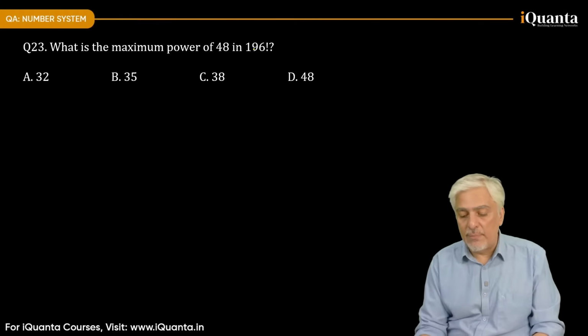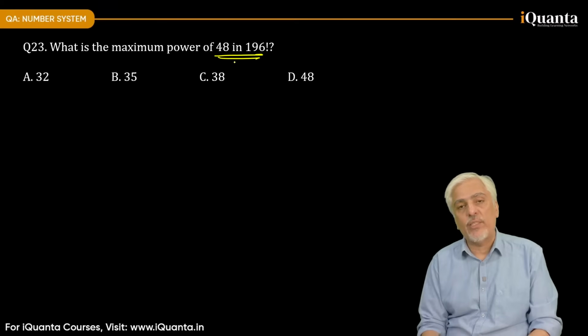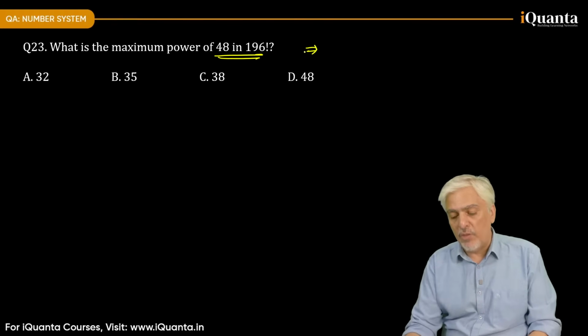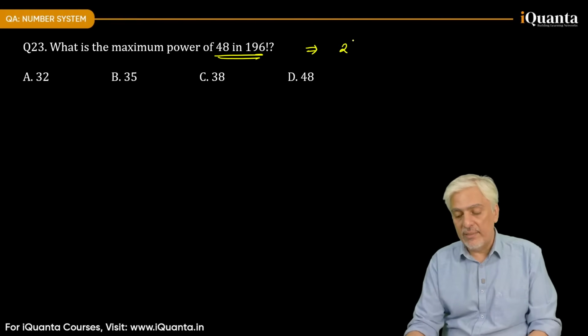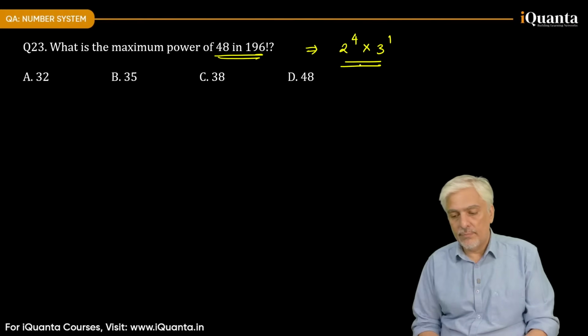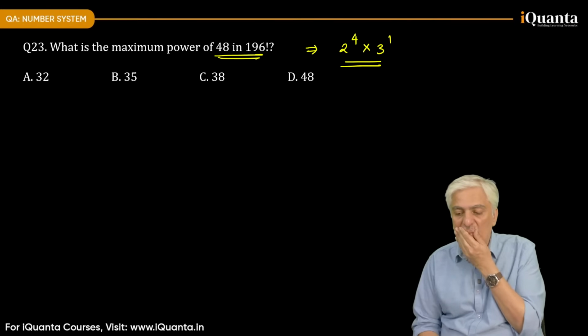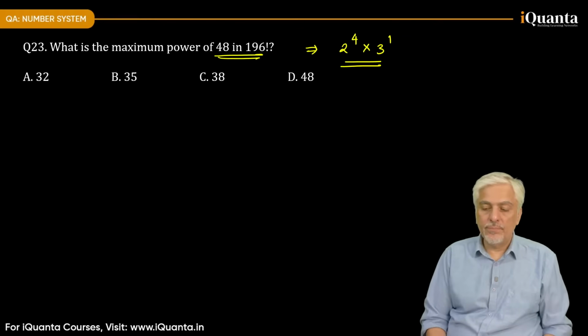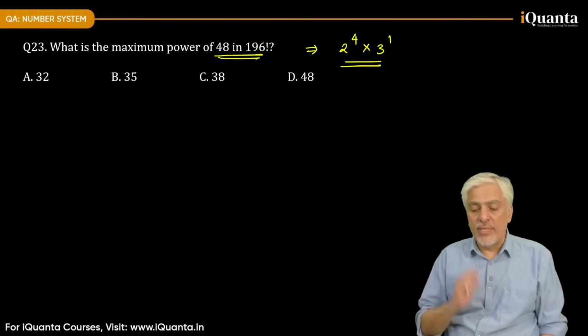What is the maximum power of 48 in 196 factorial? What is 48 made up of? 16 threes are 48. यानी 2 4 बार, 3 एक ही बार. That's maybe just a coincidence.